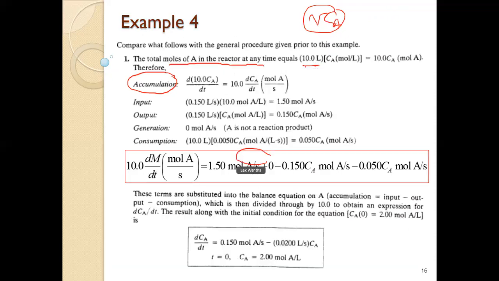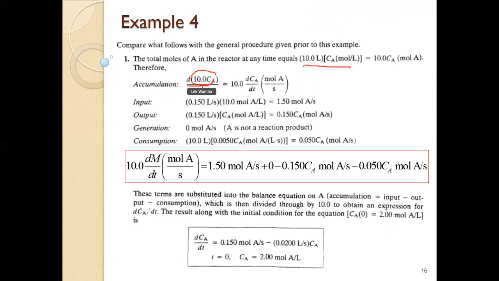This is the moles of A. So dm by dt equals V dCA by dt. The volume for this case, 10, is constant, so it is 10 multiplied by dCA by dt, moles A per second.